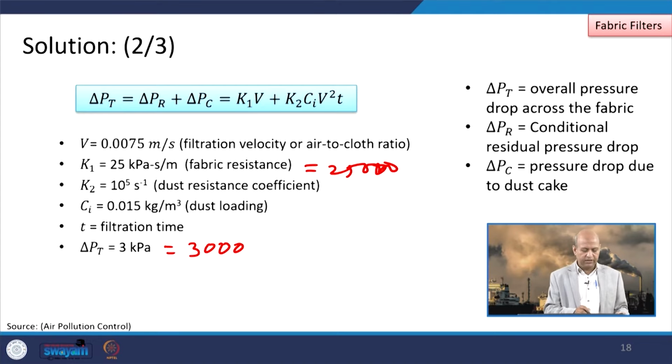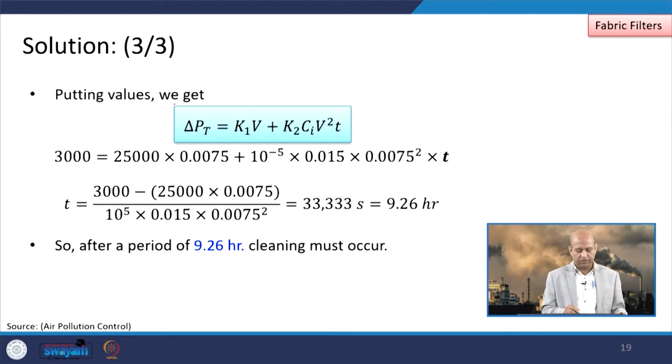You can see here this K1 value is 25 kilopascal second per meter, so we can write it as 25,000 Pascal. Similarly, delta PT is 3 kilopascal, so it is 3000 Pascal. These values we can use in this relationship, and we can calculate that way.